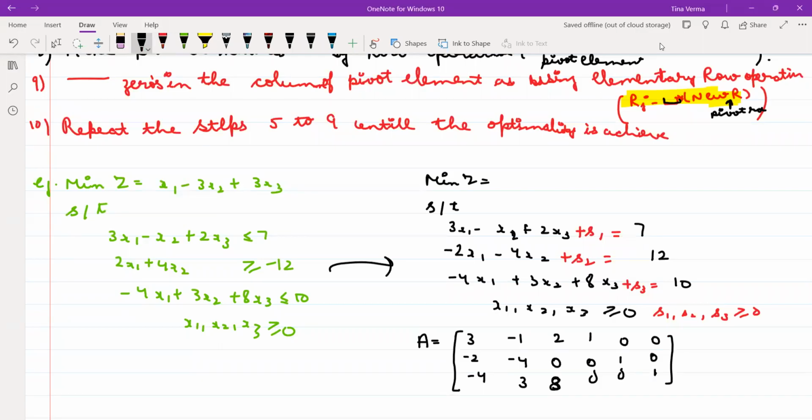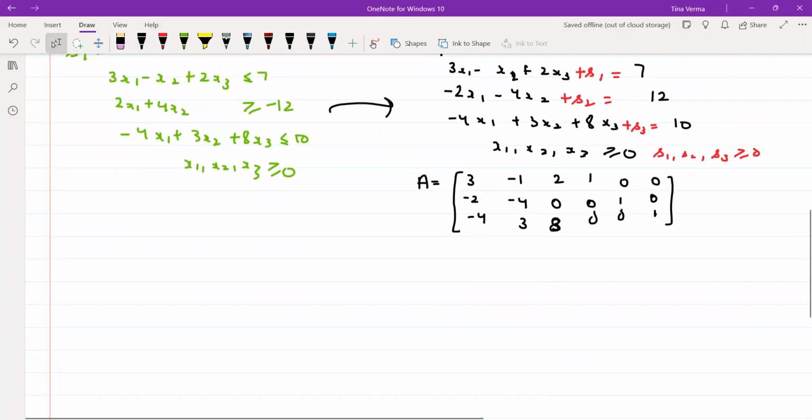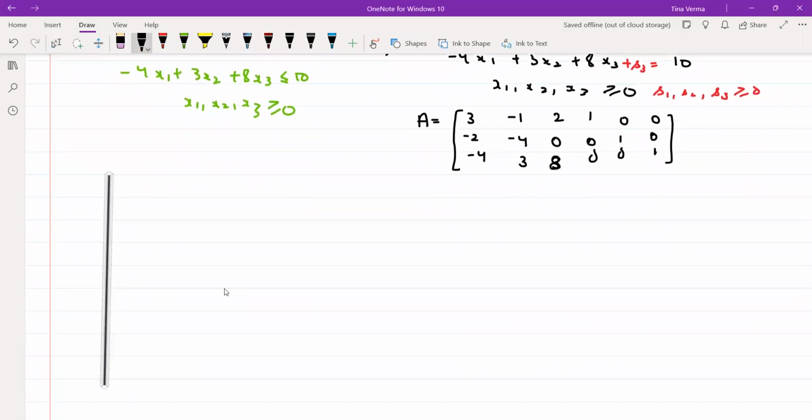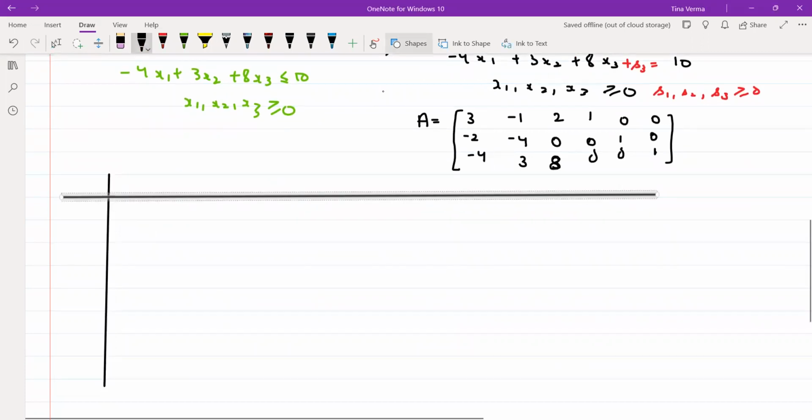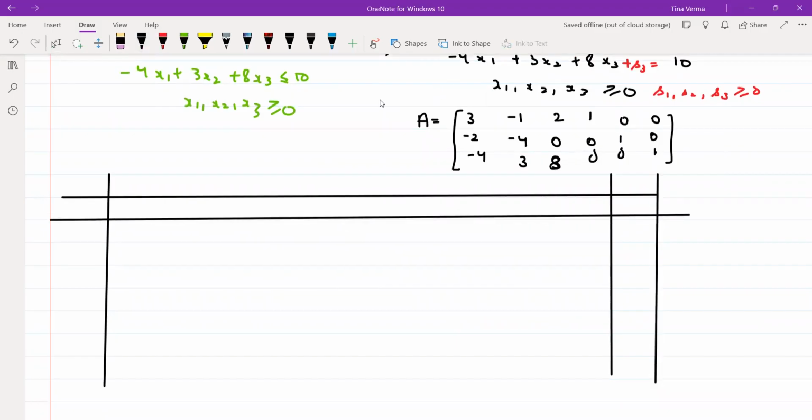So when we perform the first iteration, when I'll construct my table, what I have told you, we will start here.